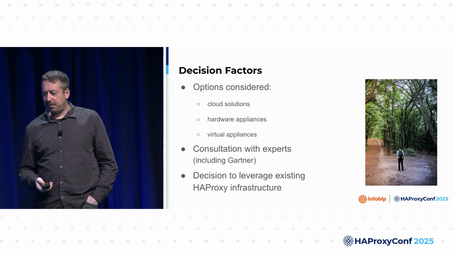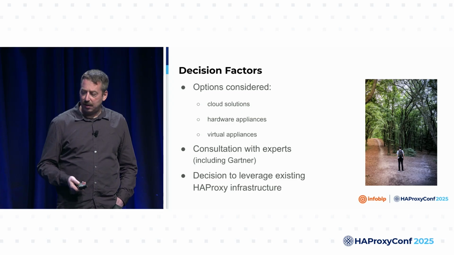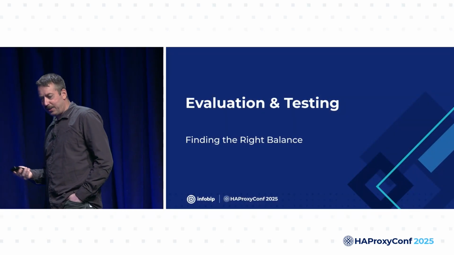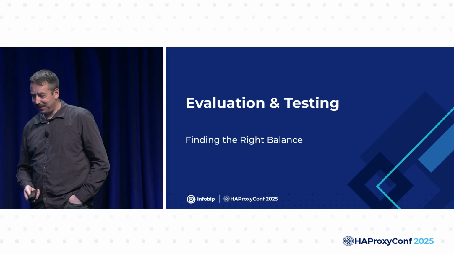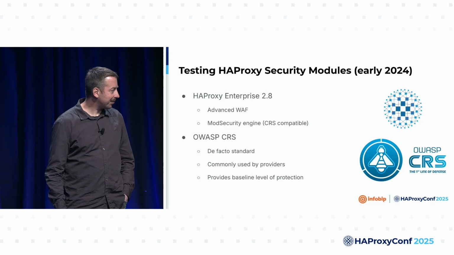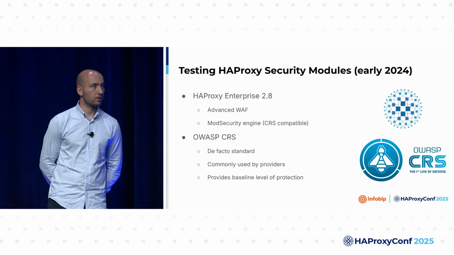So our first decision was the logical one. Let's try with HAProxy. Yeah, we contacted HAProxy. So Boris, how did it go? Yes, so we reached out to HAProxy and they presented us with two different WAF solutions.